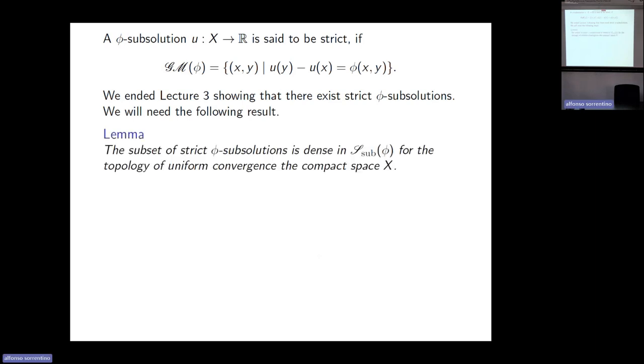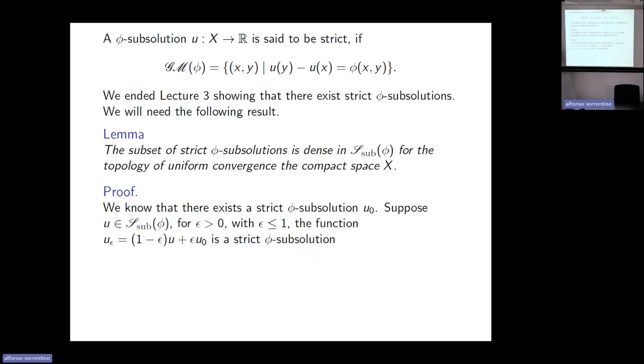So we will need the following result, which I didn't do last time, but which is easy to do. The subset of strict phi subsolutions is dense in the set of all subsolutions for the topology of uniform convergence on the compact space X. We showed that there exists at least one strict subsolution u_0.